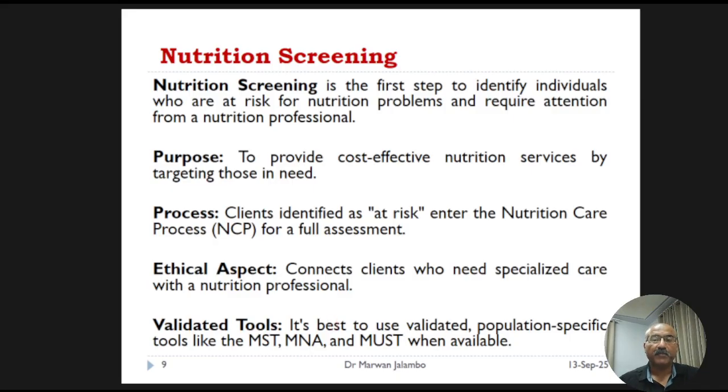So the main goal here is cost effectiveness. We want to direct our resources to the patients who will benefit most. It is important to understand that screening is technically considered to be outside of the formal nutrition care process. It is the gatekeeper to the NCP, or nutrition care process.